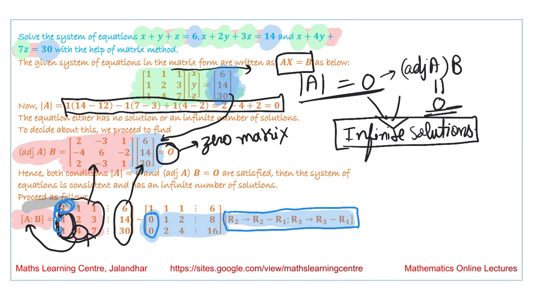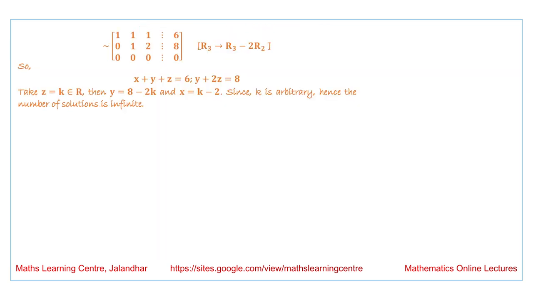The next step, with the help of this one over here, we make this term 0 by applying the operation row 3 goes to row 3 minus 2 times row 2. So in this matrix we obtain that this last row is equal to 0.